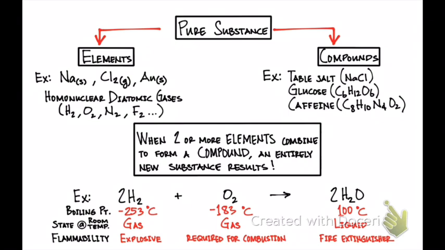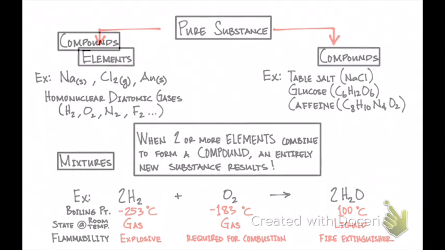Combustion is anything that burns, a combustion type of reaction. Water, on the other hand, is again completely different from the other two. It extinguishes fire. And so, again, this proves that you can have multiple different elements with different physical and chemical properties, but then when you combine them, you get a completely new substance with completely new physical and chemical properties.